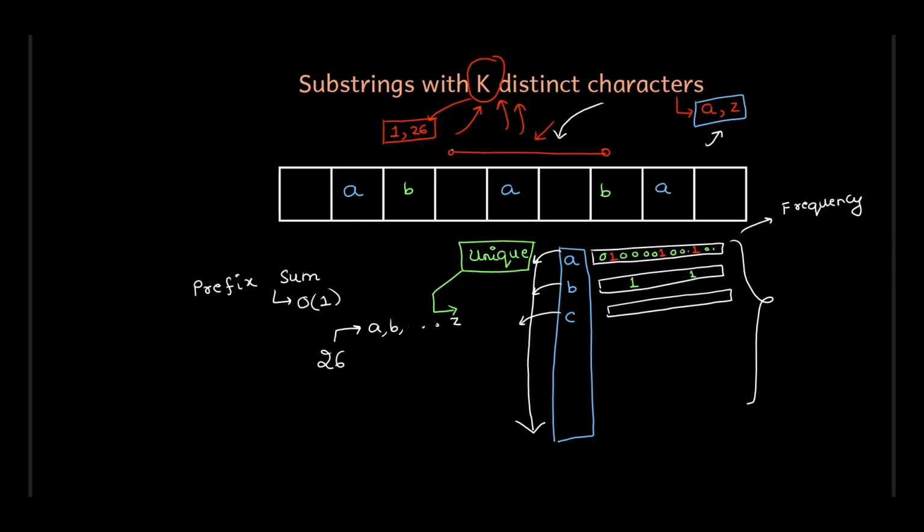Then all you have to do is check the frequency of which elements are positive and count them. If the frequency is greater than 0, it means that element appears in your substring. So you count how many elements have frequency greater than 0, and that count is your unique character count.